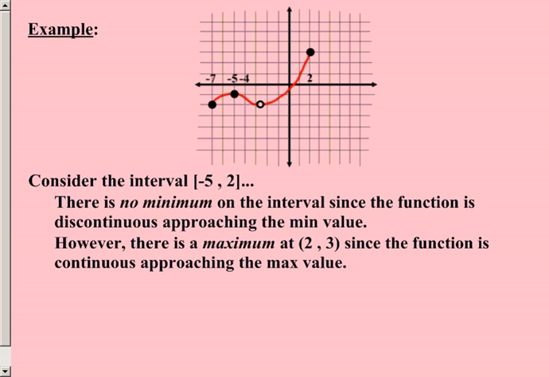On the other hand, there is a maximum within this interval, and it is located at (2, 3). The function is continuous approaching that maximum value, and it is a closed interval, so the positive 2 in the domain is included as part of the function. So (2, 3) is part of the function, and it is a maximum value because it is the highest point within that interval.